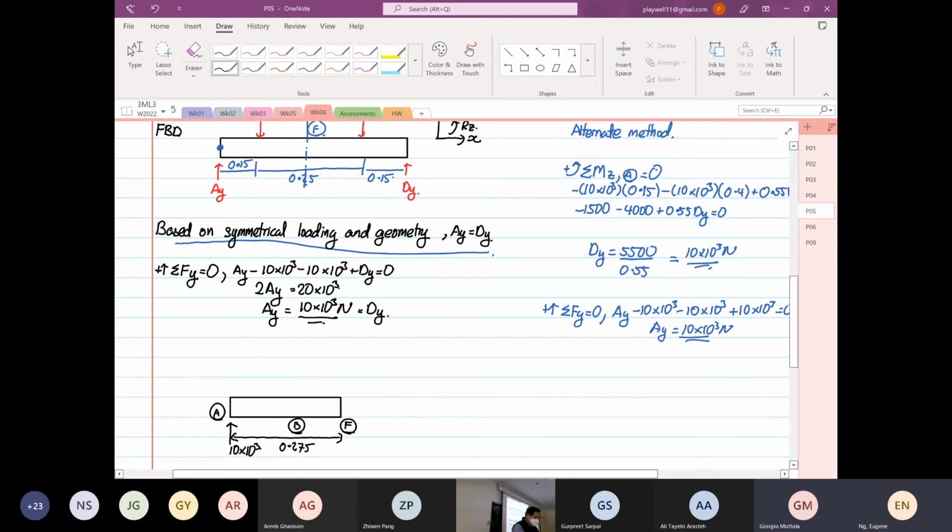We know there's another load coming down here, which is 10 times 10 to the power 3. The distance from here to here is 0.15, so the distance from here to here is 0.275 minus 0.15, which is equal to 0.125.